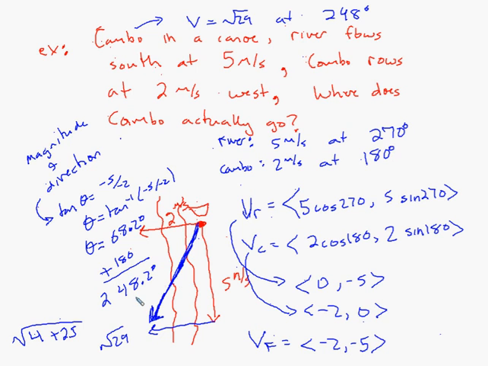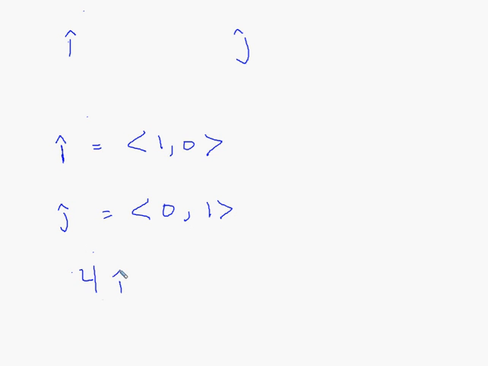Alright, pretty much the last thing, and we aren't going to spend much time on it, is I hat and J hat. Sometimes you see these and they aren't terribly difficult. I hat is 1, 0 and J hat is 0, 1. So if I put as my vector 4 I hat plus 5 J hat, that's 4, 5.